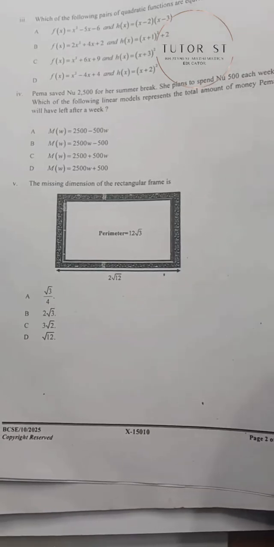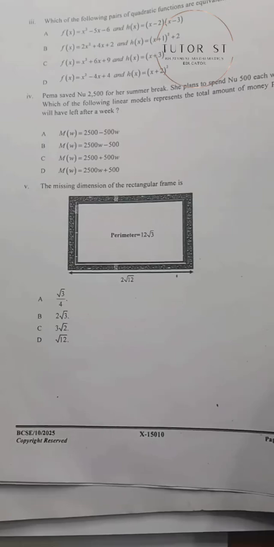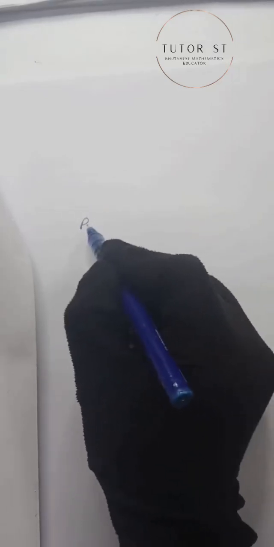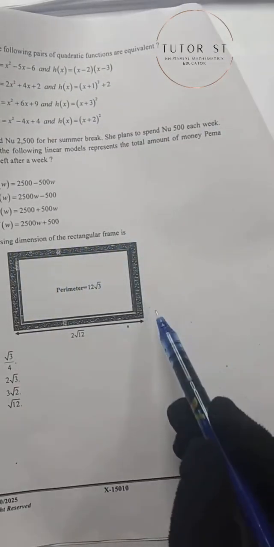And the perimeter is given. So what is the formula that relates length and width to the perimeter? Let's check once. The perimeter of a rectangle is given by P equal to 2L plus 2B, because when we say perimeter, we are talking about the length of this whole boundary.